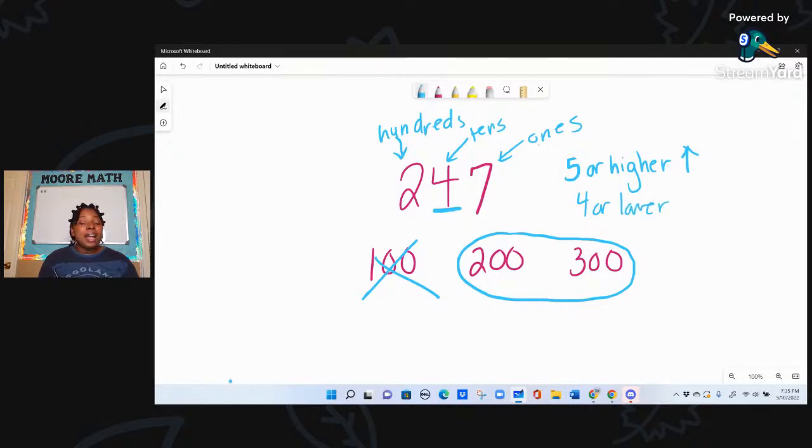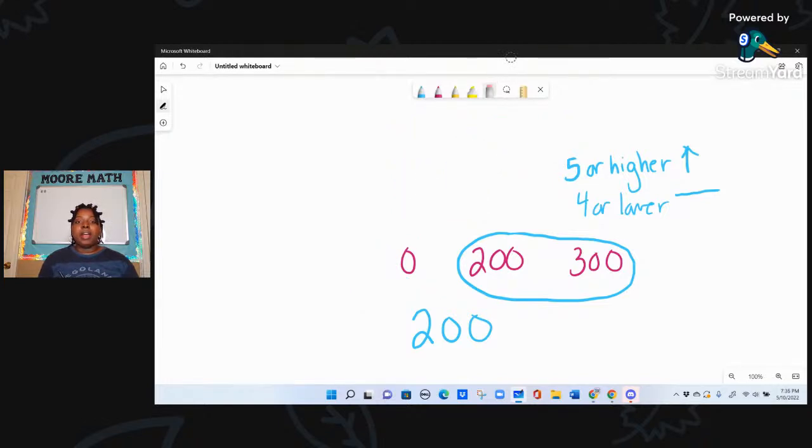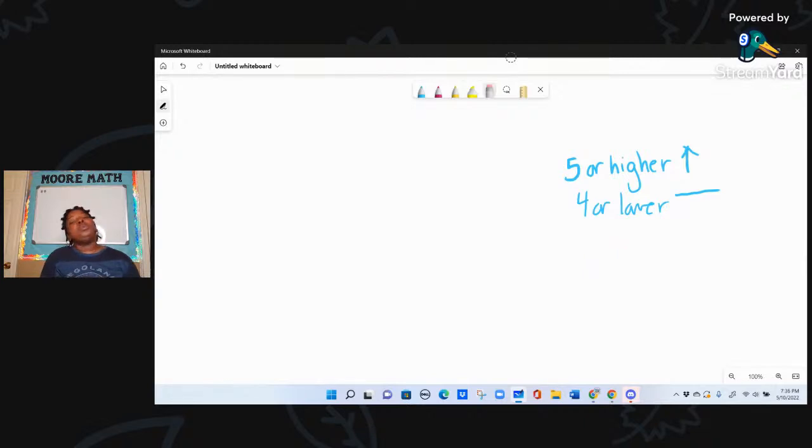We're not going to change. I'm going to put a line because we're not going up or down. So is this number a 5 or higher? No, it is a 4, which means this 2 in the hundreds place will stay the same. So we would round this to 200. Okay. Let's try it again. Again, we're just trying to say, okay, I have about $200, right?